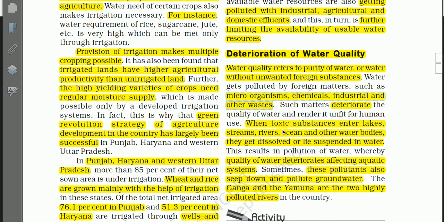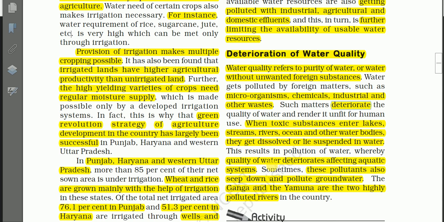Maybe microorganisms, maybe bacteria, for example, protozoa. Then when chemical residues or substances from the industries or other wastes are added, the water is polluted. Such pollutants deteriorate the quality of water and render it unfit for human use.